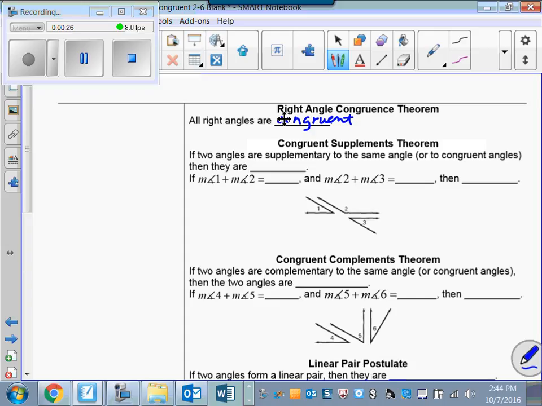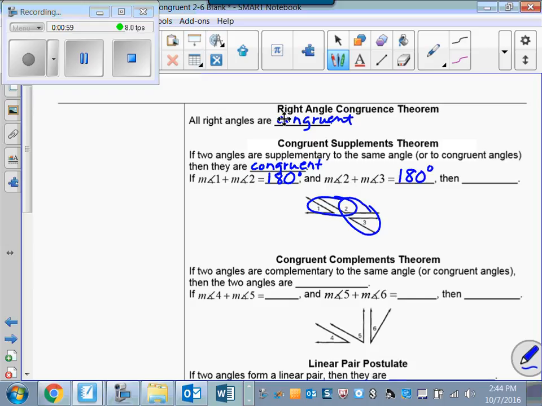The congruent supplements theorem says if two angles are supplementary to the same angle or to congruent angles, then they are congruent. So if you look at our little diagram here, if the measure of angle 1 plus the measure of angle 2 is 180, so those two are supplementary, and if the measure of angle 2 plus the measure of angle 3 is 180, so in other words those two are supplementary, then what do I know according to this theorem?